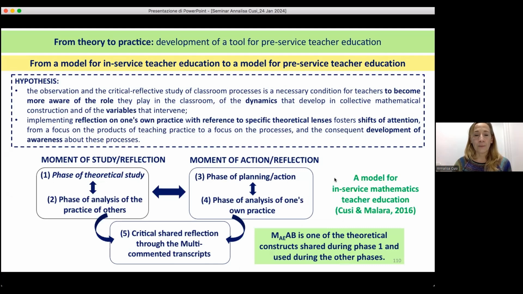This diagram summarizes a model for in-service mathematics teacher education that I designed with Nicolina Malara.